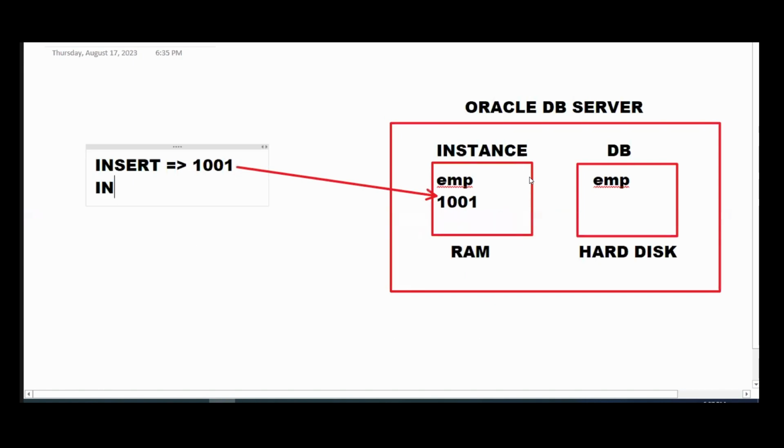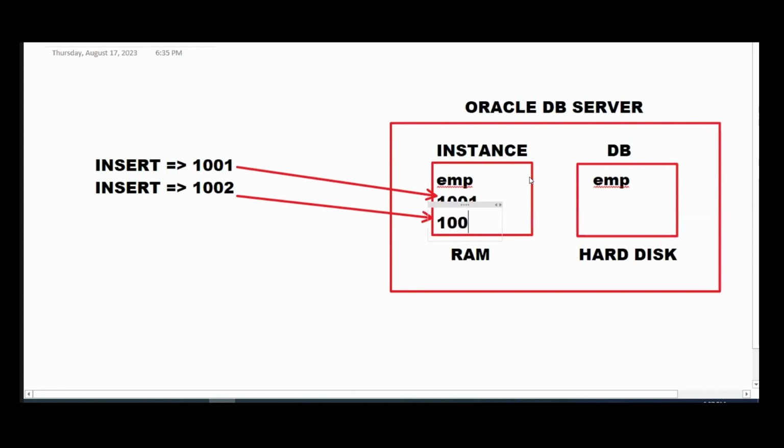Now, one more record I'm also inserting: the 1002 record. This 1002 record will be inserted in the instance here. So when a DML operation is performed, it will be applied on the instance only. Now there are two changes in the instance.